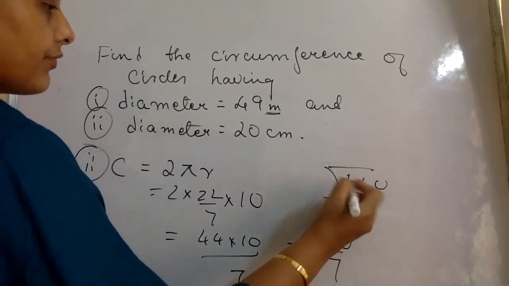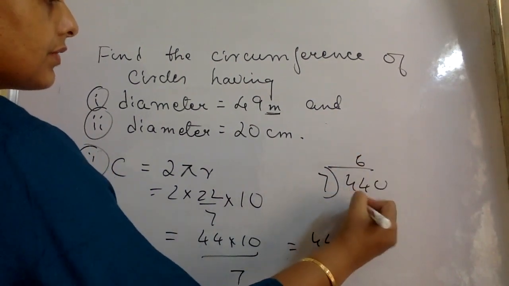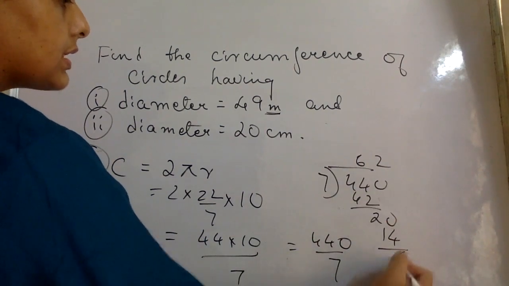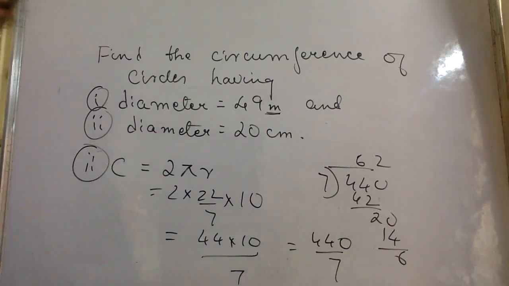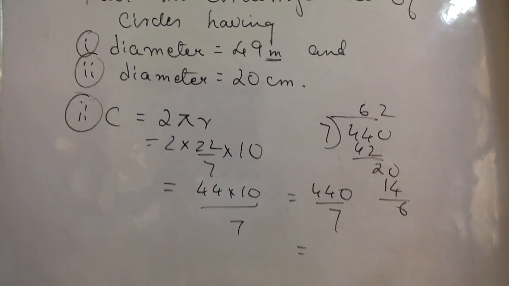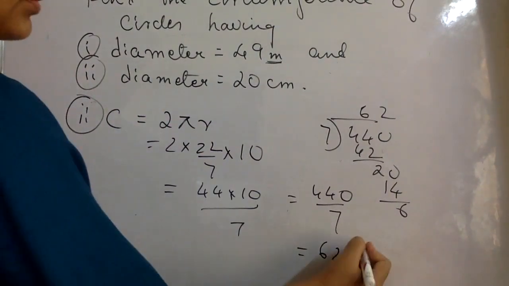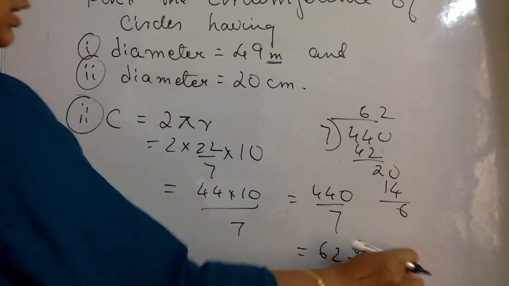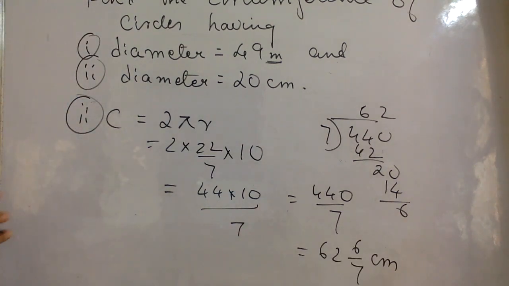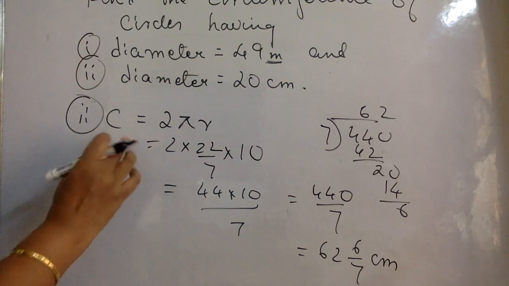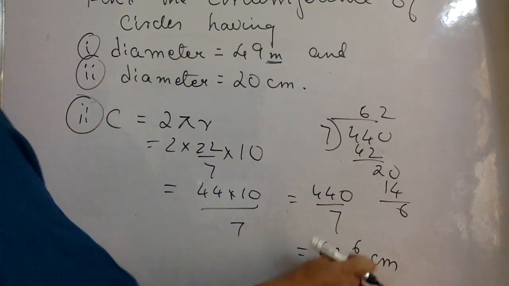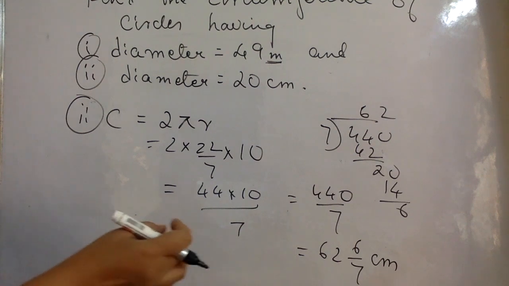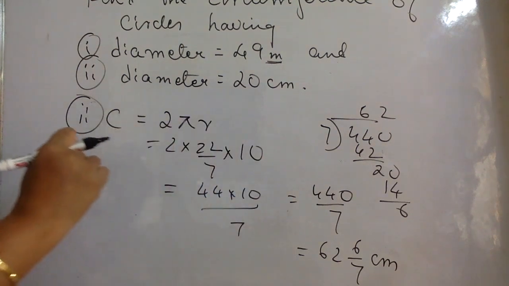You have to do some rough work. 7 6s are 42 and 20, 7 2s are 14, so that comes to 62 and 6 by 7 centimeter. Remember it is a length. Circumference is a length, so you don't put centimeter square here, you put only centimeter. That is the circumference of the circle.